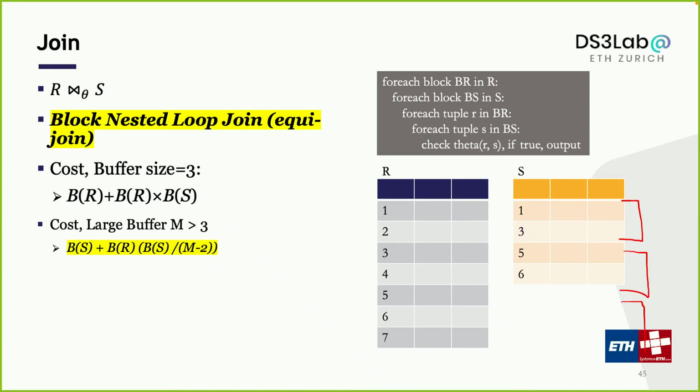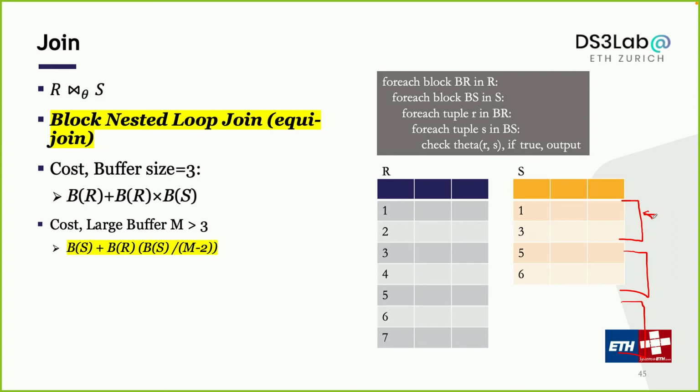Now I have an m-page buffer, so I can hold more information. I can partition S such that every single partition of S fits into the memory, and I don't need to scan it multiple times. For every chunk, I hold that in memory, and then for every chunk, you run your algorithm.